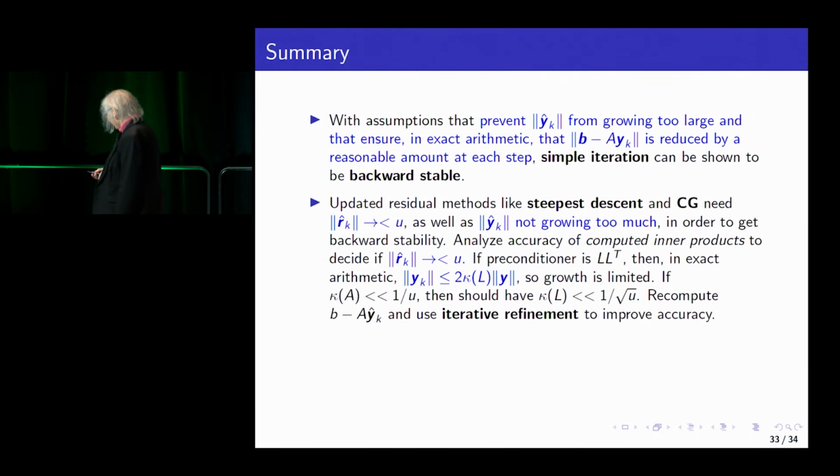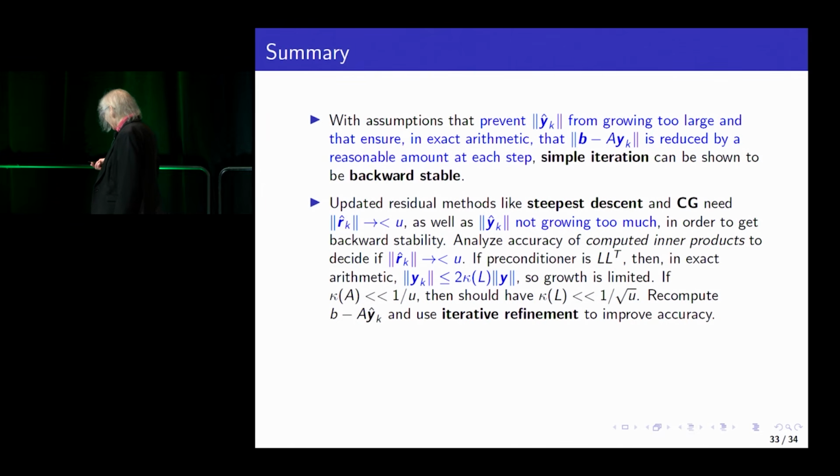Updated residual methods like steepest descent and CG need not only for yk hat not to grow too much, but for this updated residual to be guaranteed to converge below the machine precision in order to get backward stability. Analyze the accuracy of computed inner products to determine if the updated residual does indeed go to 0 or something less than the machine precision.